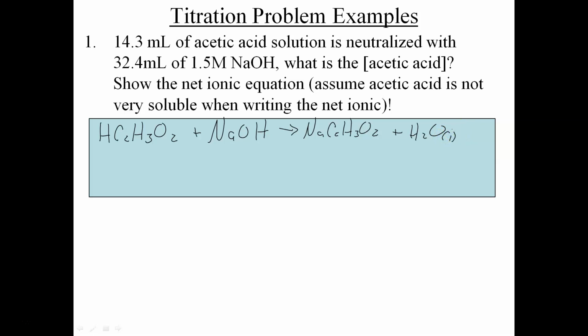If we're looking at ions that cancel out, sodium on each side, and I think that's it, okay? None of the other ions are going to cancel here because acetic acid is going to remain mostly not dissociated. So let's rewrite that down here for our net ionic.